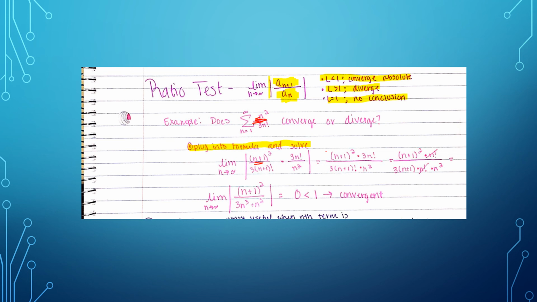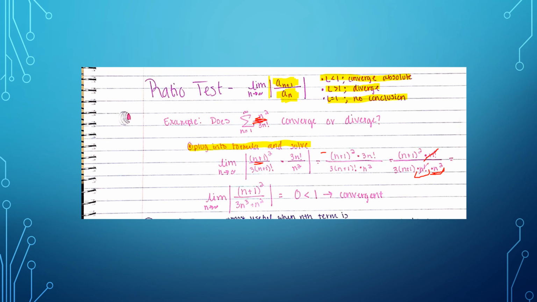We can simplify this to be n plus 1 squared times 3n factorial over 3 times n plus 1 factorial times n squared. You can simplify it more as n plus 1 squared times n factorial, because that's what 3n factorial will be, over 3 times n plus 1 times n factorial, because we had to pull this n factorial out in order to cancel it out in order to solve the limit, all multiplied on the bottom by n squared.